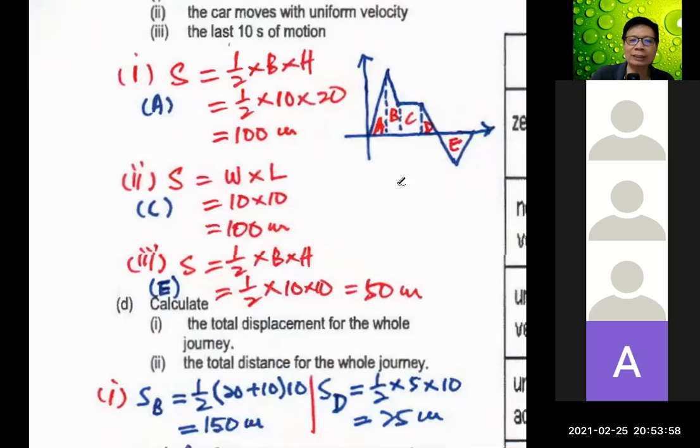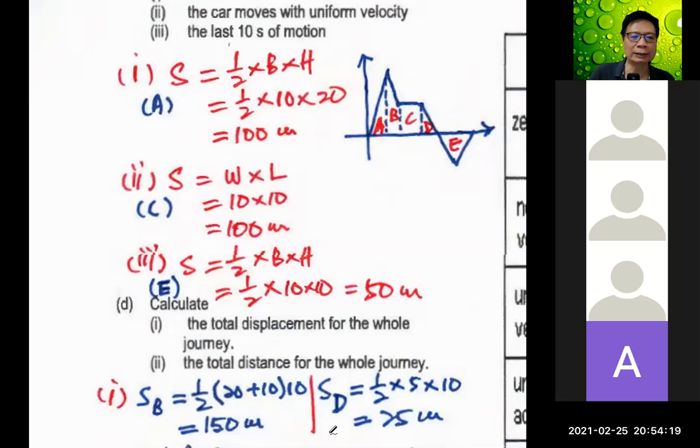So because of this, when you're finding the total displacement, all the positive ones you can add up, except this negative one at the bottom of the graph. You minus, cannot add. Why? Because displacement is a vector quantity, it has direction.